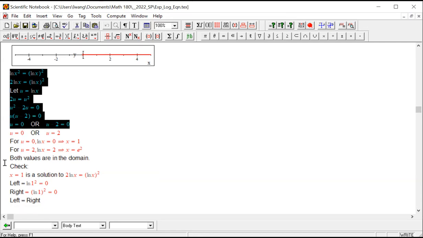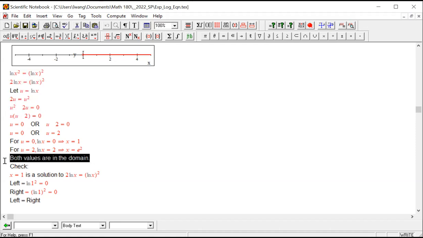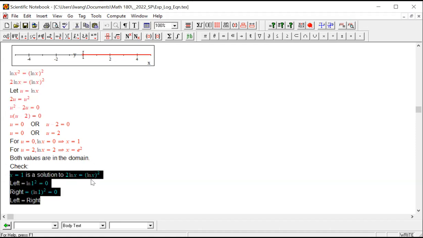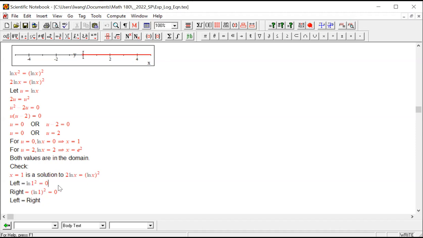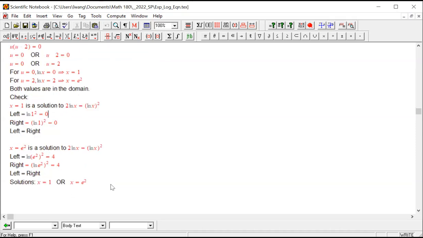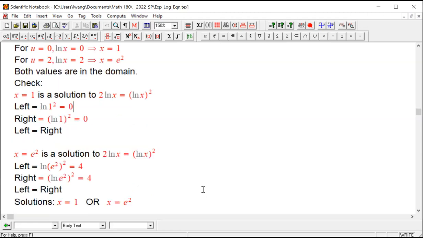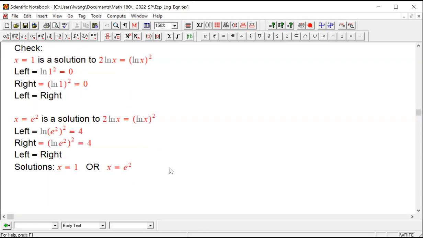But you must check your answer. You must do the domain check and you do the other check. Okay, you check left equals to right, right? The format that I check the solution is pretty standard. So I hope you follow these routines, okay? It just makes it more logical.